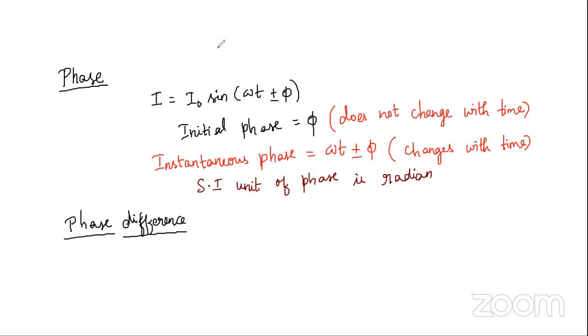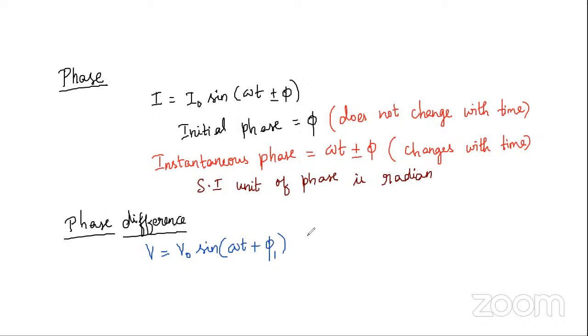For that, let us consider two signals. So voltage V equal to V naught sine omega t plus phi 1. This is the alternating voltage.